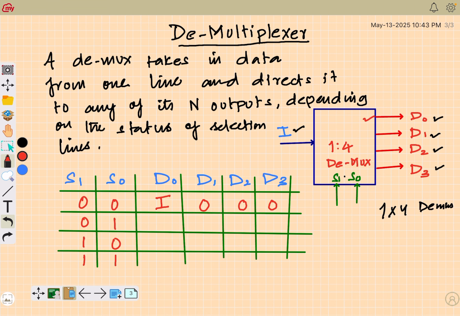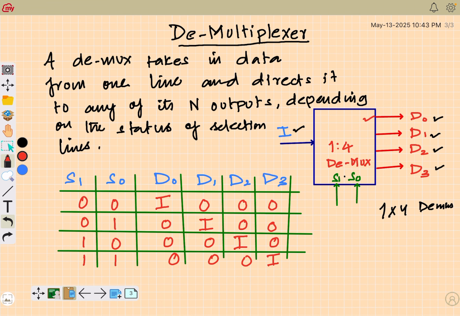Fine. Then for the combination 0, 1, D1 will get the input and the rest of the lines will be null. They won't have any value. For 1, 0, it will be D2. Similarly for 1, 1, it will be D3. So you will have a simple Boolean expression for each of these outputs.